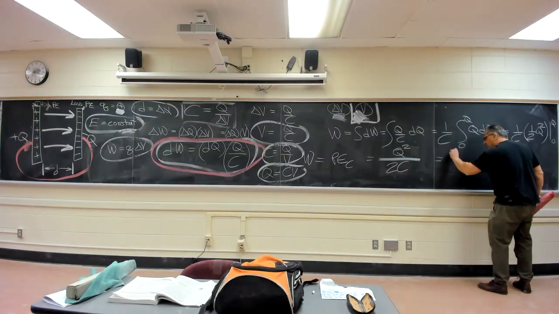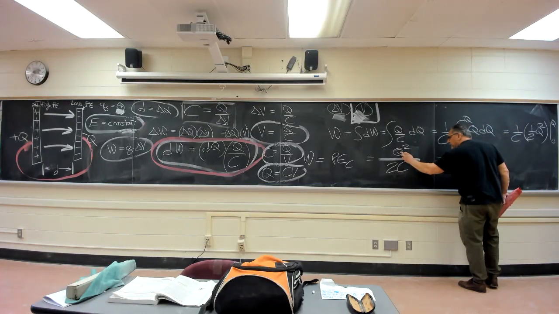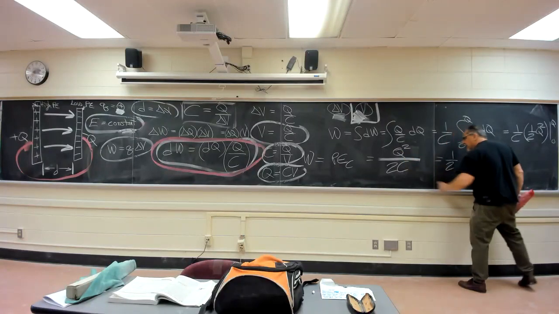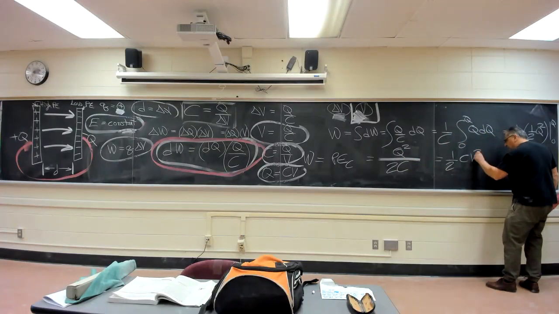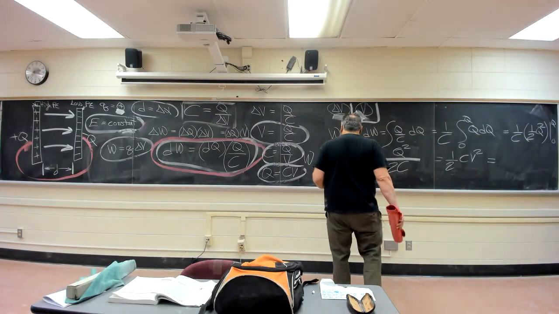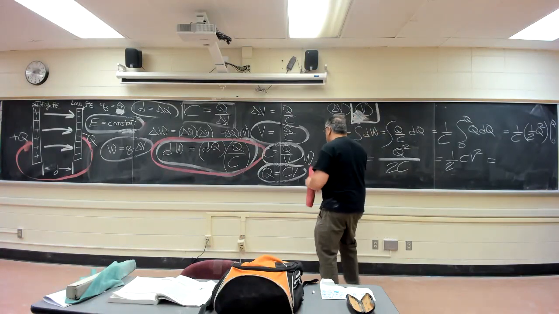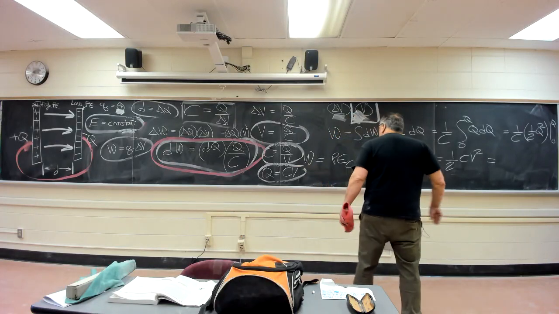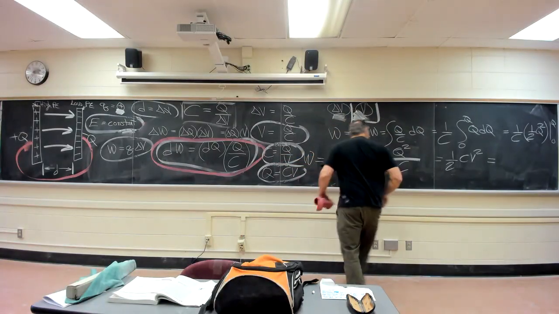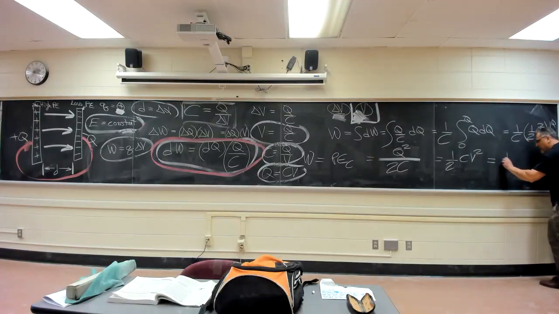The C's cancel. You square Q squared, you're squaring the product CV. Squaring the product CV is C squared V squared divided by C is CV is 1/2 CV squared. Put in Q over C, we got CV, we got C is Q over V. You could also write here, C equals Q over V. Q over V, the V cancels.